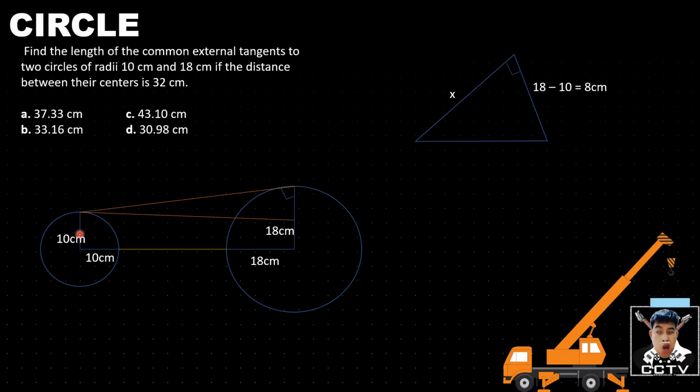And 10 to. Minus 10 mo lang. Of course, you'll get 8. And this one, from center to center, is 32. And Pythagorean theorem lang. Ang hypotenuse natin dito is 32. Minus mo lang yung ito. Then you'll get x, which is 30.984, which is this one.